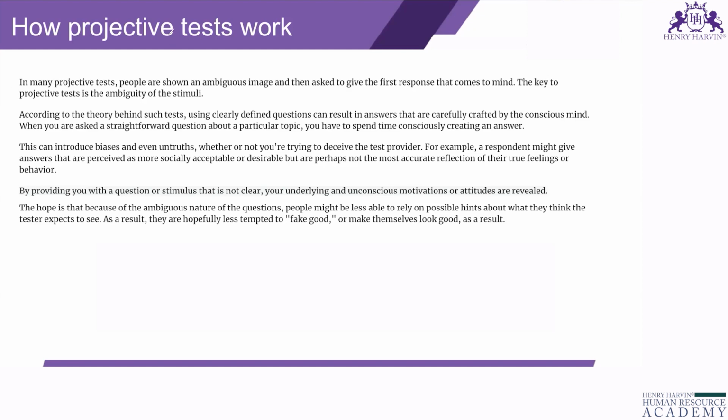So how does this test work? We have done a few. In many projective tests, people are shown an ambiguous image and then asked to give the first response that comes to mind. The key to projective tests is the ambiguity of the stimuli. According to the theory behind such tests, using clearly defined questions can result in answers that are carefully crafted by the conscious mind.